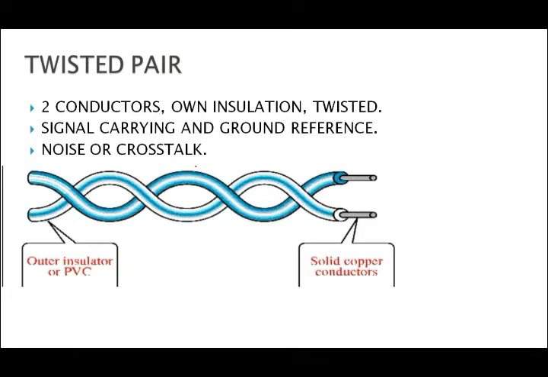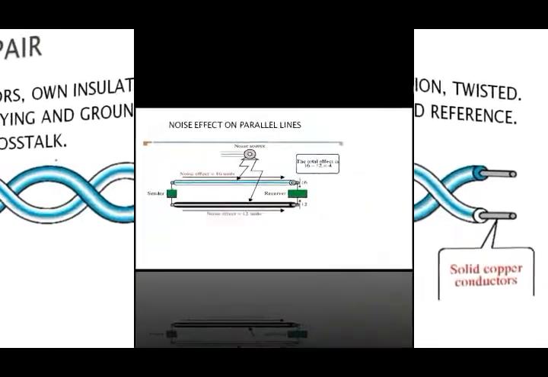Noise or crosstalk may affect both. Here, noise is unwanted sound and the crosstalk is any phenomenon by which a signal transmitted on one circuit or channel of a transmission system creates an undesired effect in another circuit or channel.